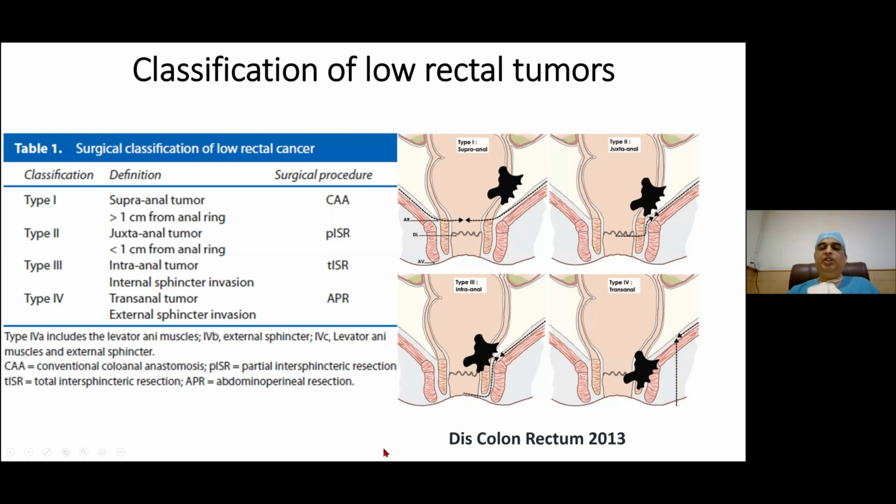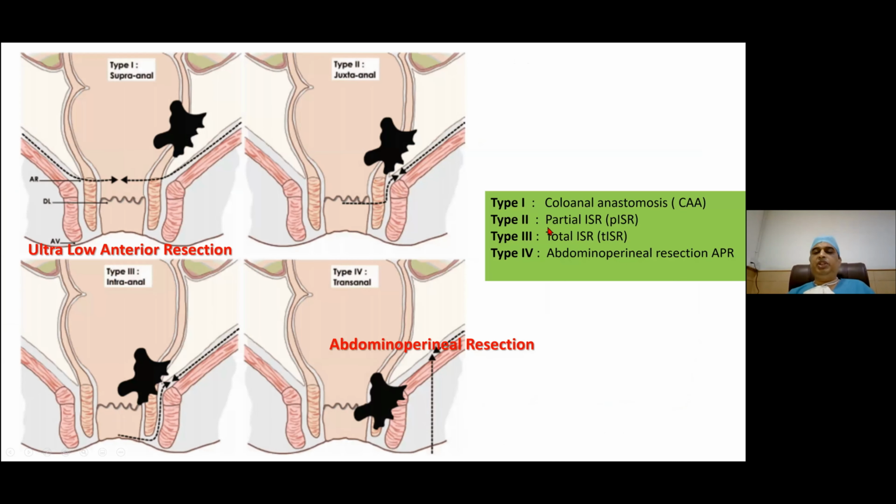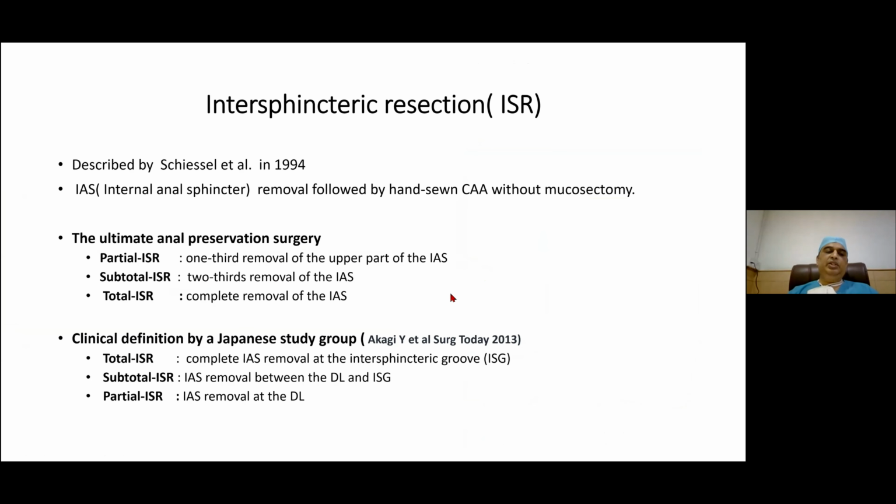The same you can see: for type 1 coloanal anastomosis, type 2 partial ISR, for type 3 total ISR, and for type 4 APR. Coming to intersphincteric resection, this is where the internal sphincter is removed with a hand-sewn coloanal anastomosis. Again, it is classified as partial, subtotal or total, depending on whether you remove a third, two-thirds or complete removal of the internal sphincter.